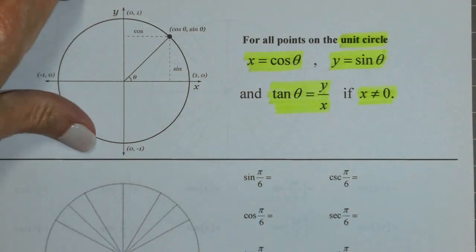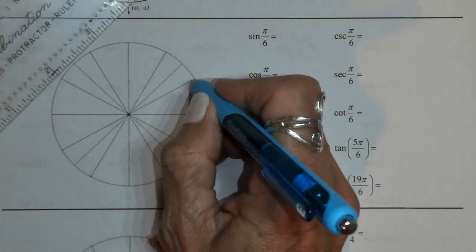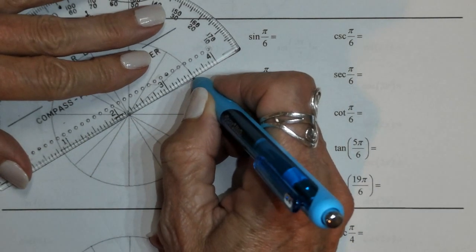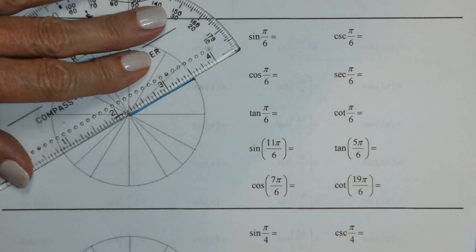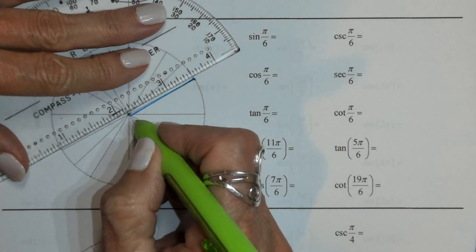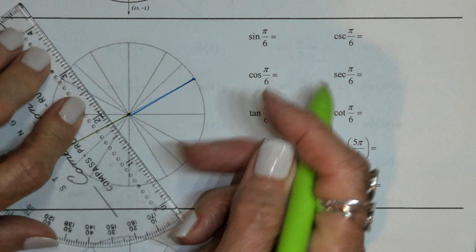Okay? So let's take a look at all of the pi over 6 angles. So we know where the pi over 6 angles are. I'm going to make this first one in blue, and I'm going to make these other secondary ones in green.